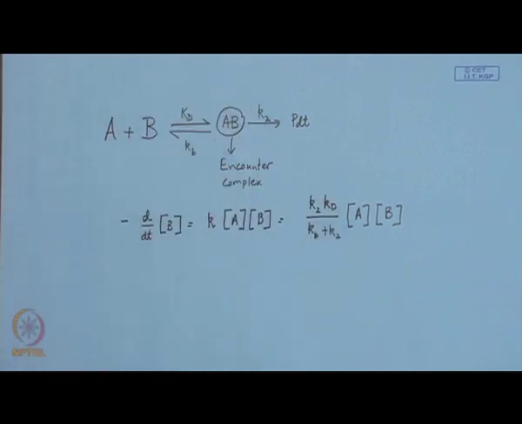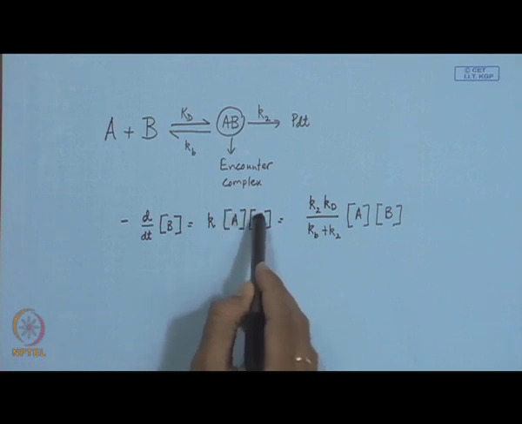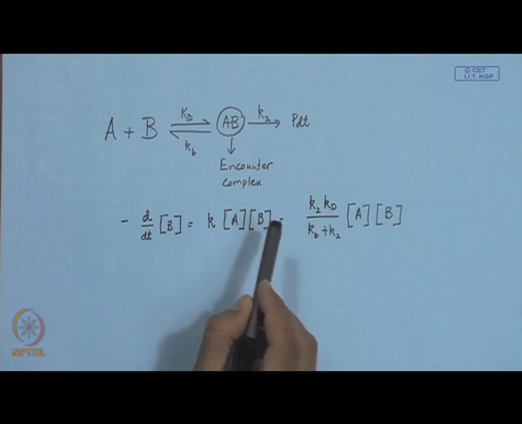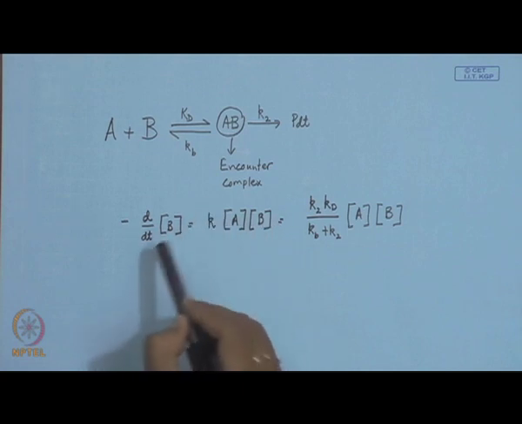What you get is a bimolecular rate expression, dependent on the concentration of A and the concentration of B. This is your overall rate.